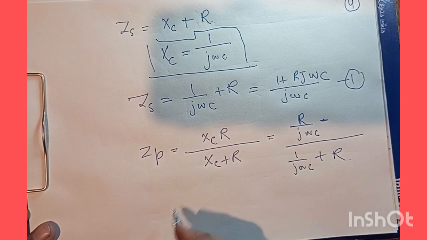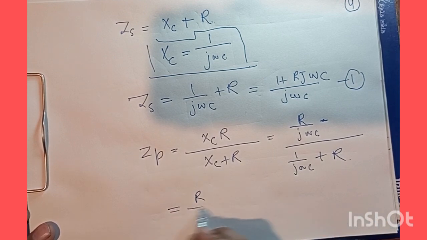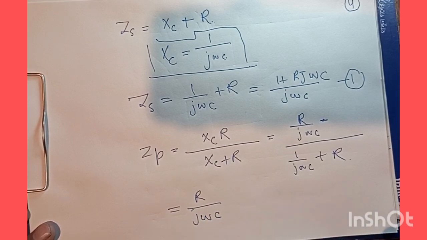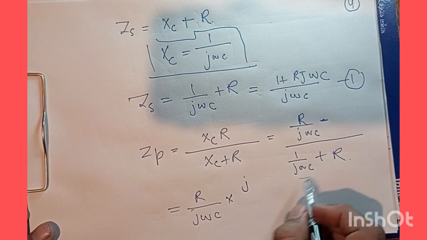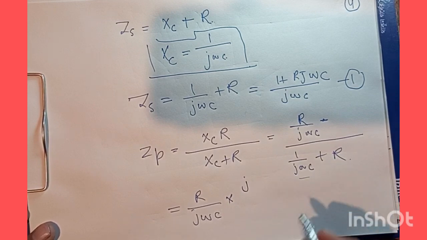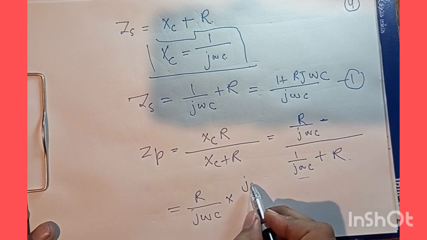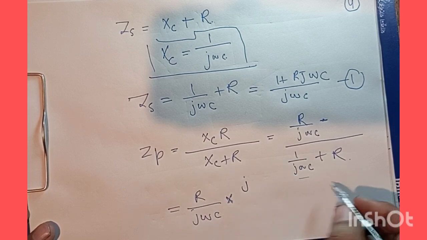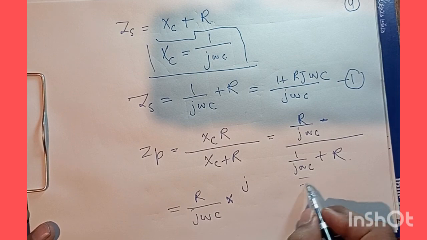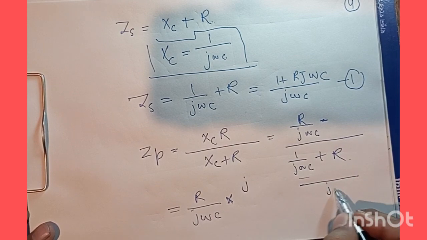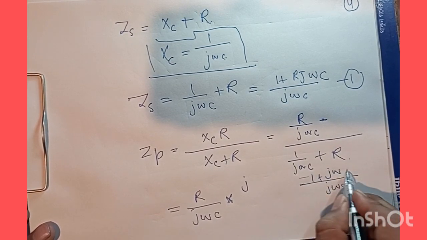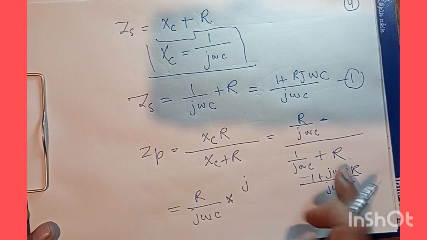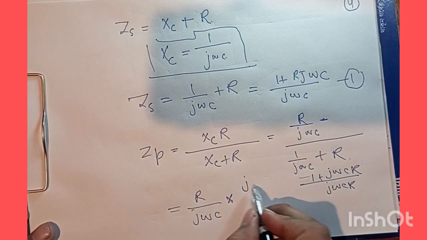We can take an LCM here, and the LCM will be j omega C. So the denominator is 1 plus j omega C R. Now when you convert the division into multiplication, the j will go up.